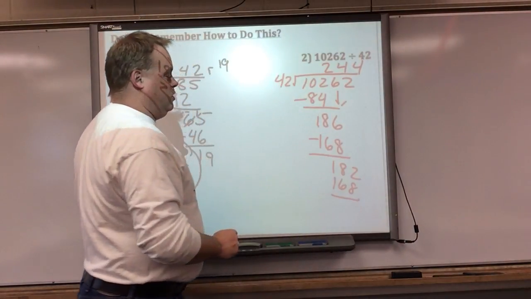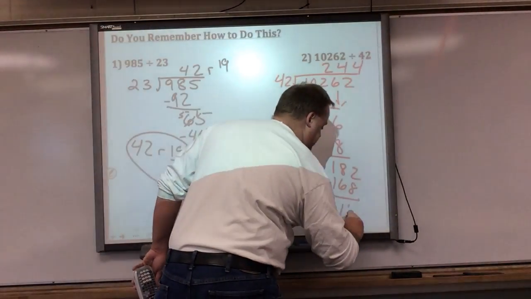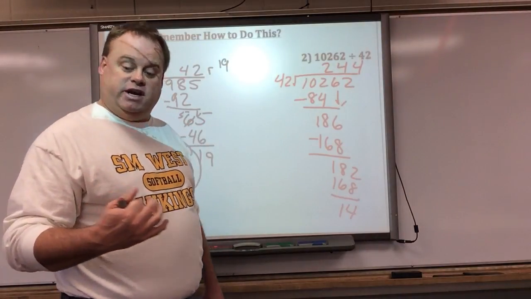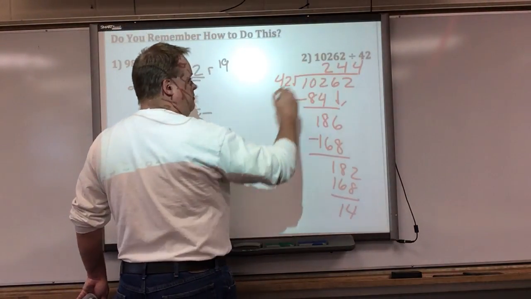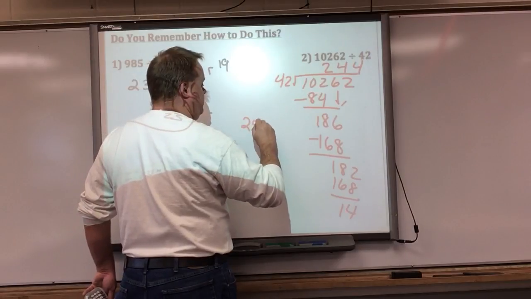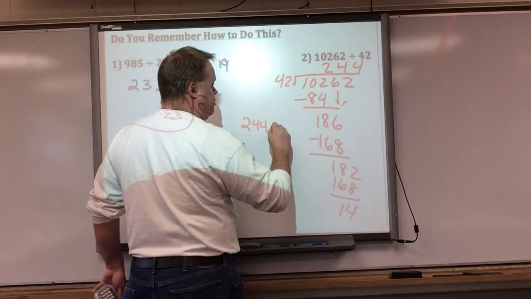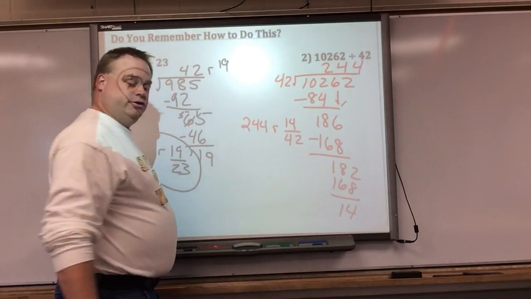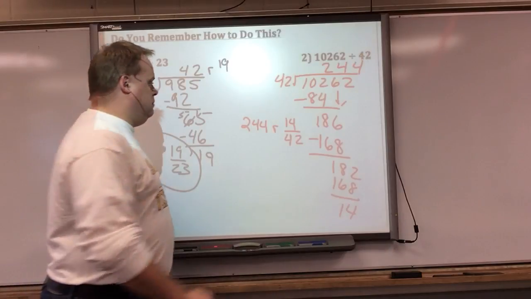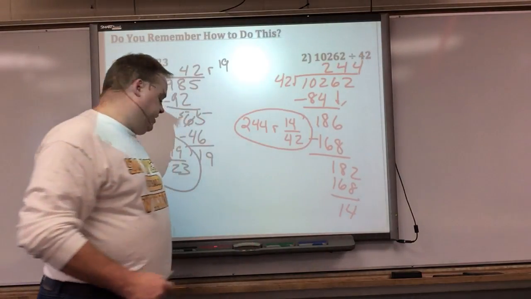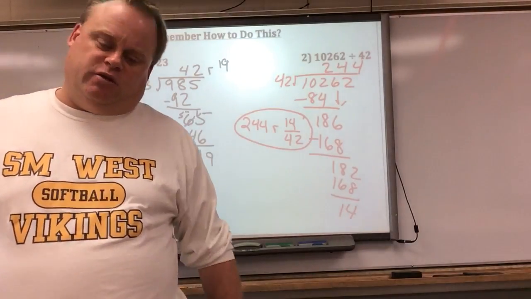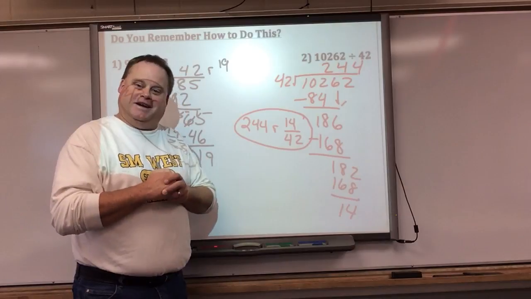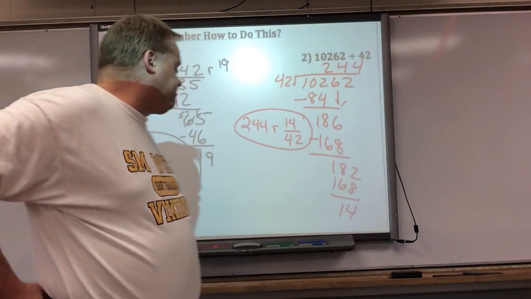Well, 168 goes into 182, well, this is easy, 14. So my remainder is 14. So I know that my value is 244 with the remainder of 14 over 42. Okay? All right. So that's our answer. Hopefully that kind of brought you back up to speed with how to do old school division. I say old school because I'm old and this is how we did it. So old school division.